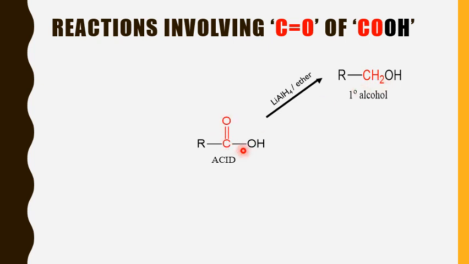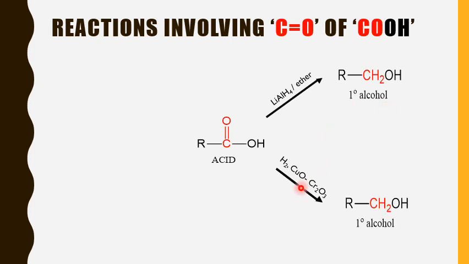Hence R will be the same and OH will be the same. You see there is no change in these parts. Hence you can say that RCOOH has been converted to RCH2OH. What is this RCH2OH? It is a primary alcohol. So carboxylic acids upon reduction with lithium aluminium hydride give primary alcohols.